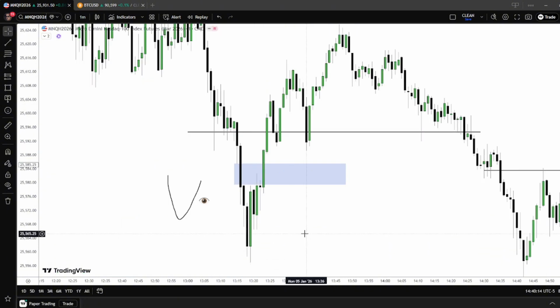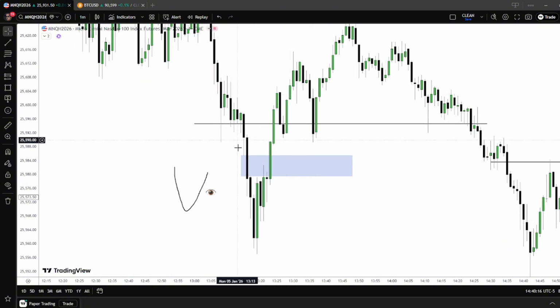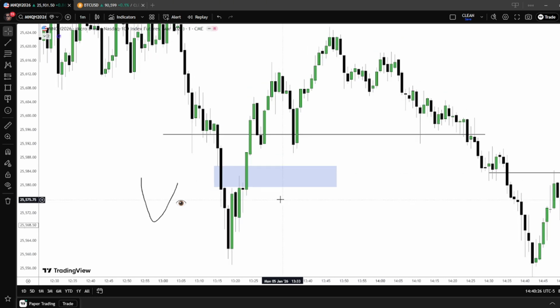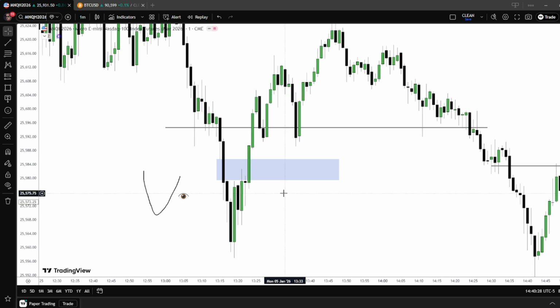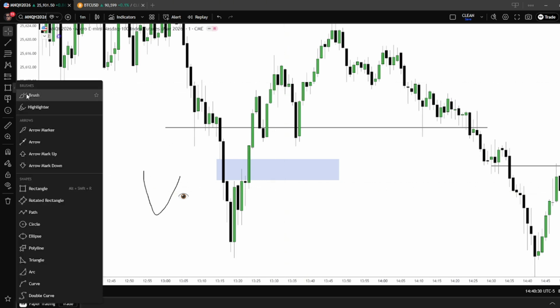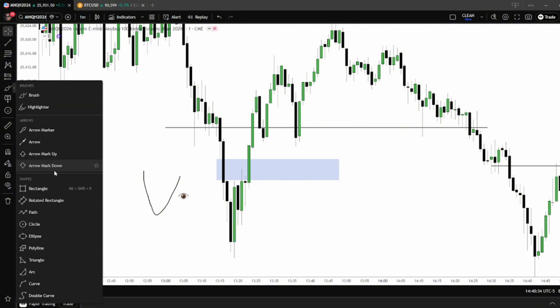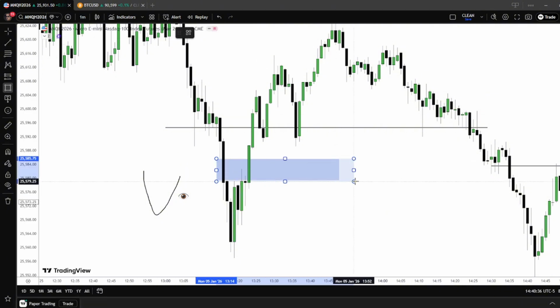And here is the next example, also with a V-shape recovery. Look how powerful these candles are. And as I said in the previous example, you don't wait for this candle to close. You already have your breakaway gap.